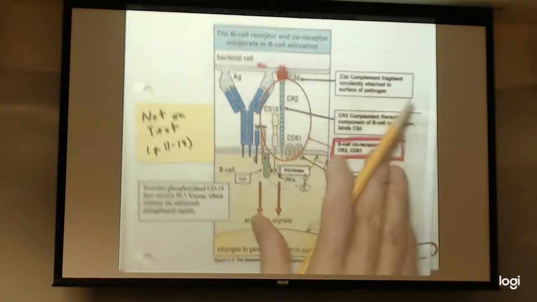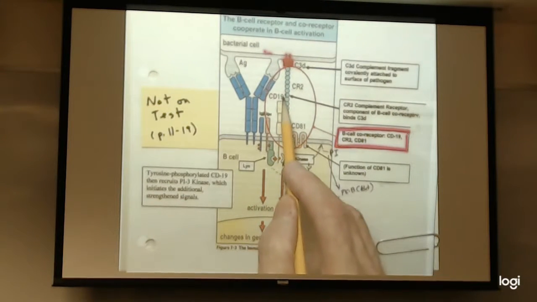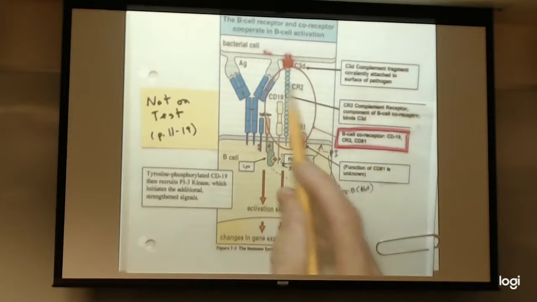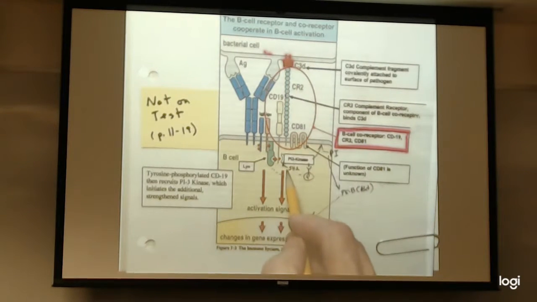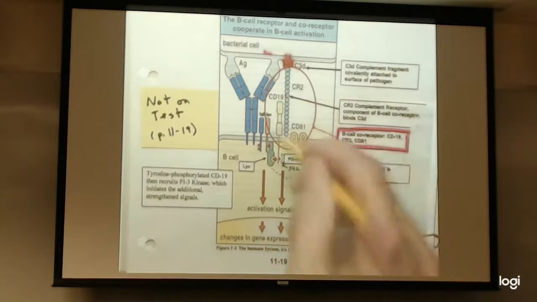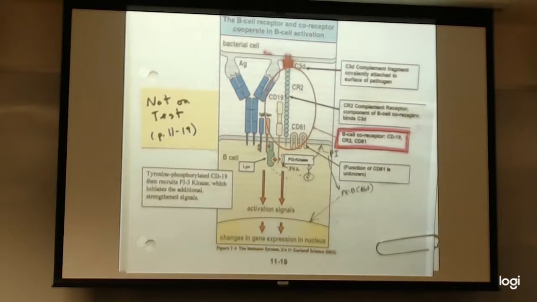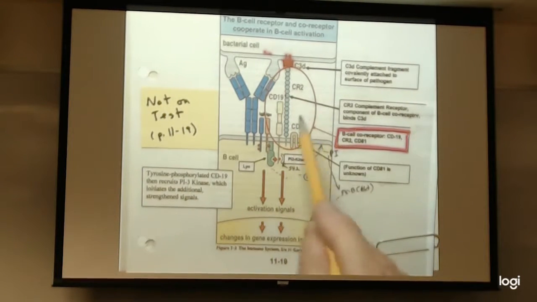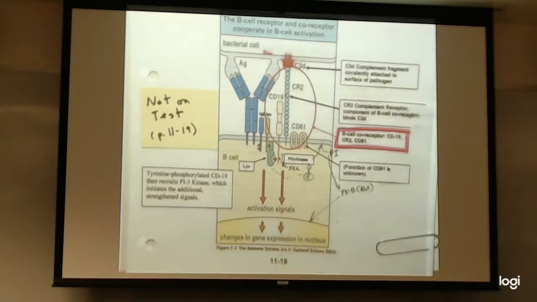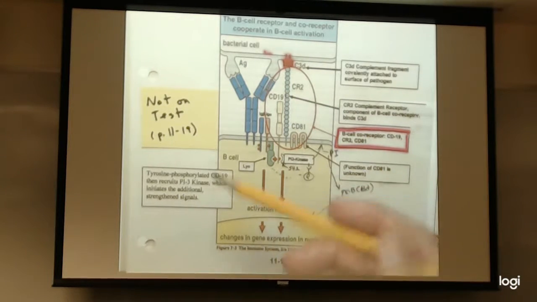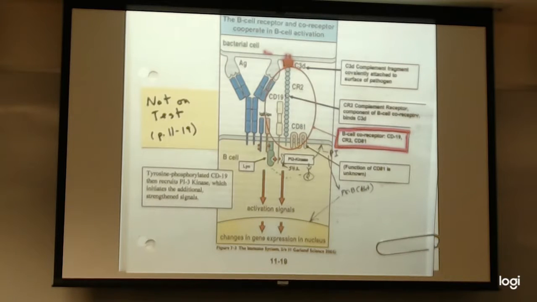Okay? And then we have a complement receptor here, complement receptor 2, CR2, and this serves as a kind of co-stimulator. It's a little bit like, in terms of the T cell way of thinking, we had a CD28 getting a B7 signal here. This is kind of analogous to the second signal we would get from CD28 in T cells.